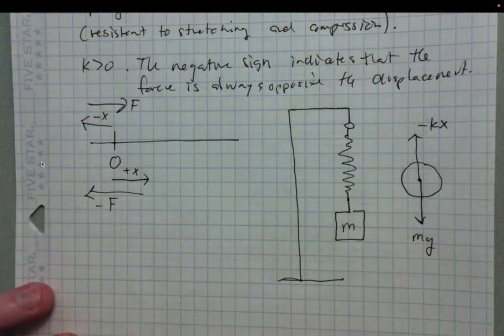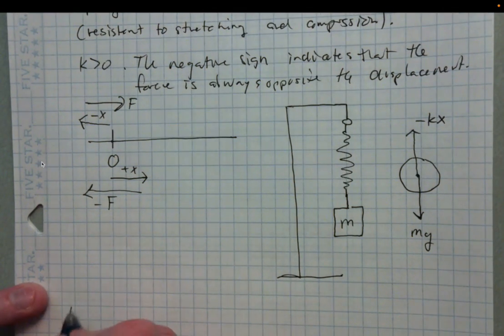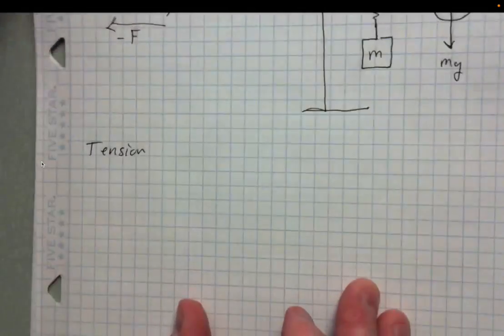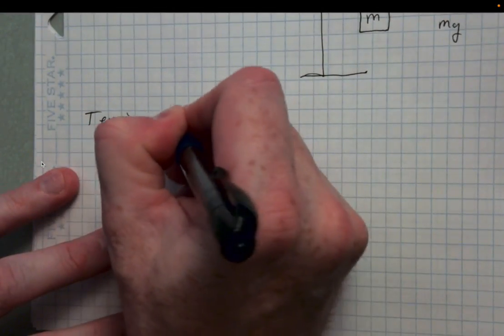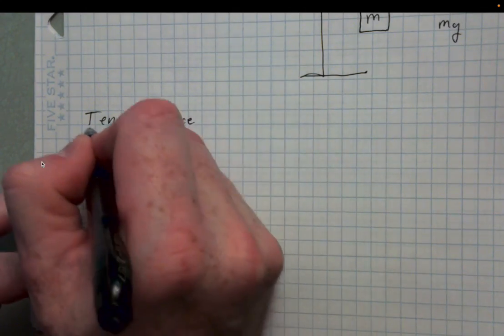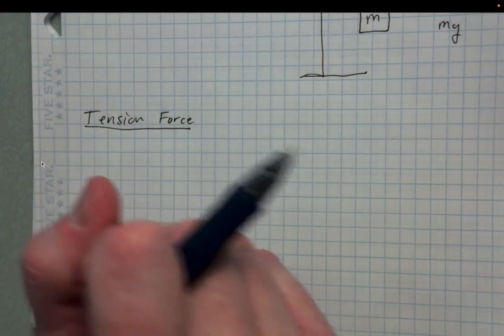The last force that we want to talk about here is what's called the tension force. This one will be very commonly used in our example problems and thought experiments.